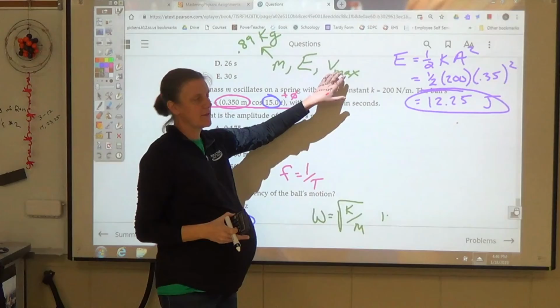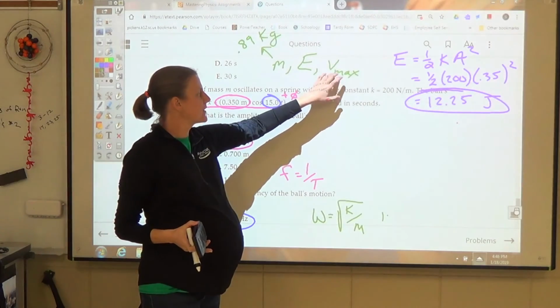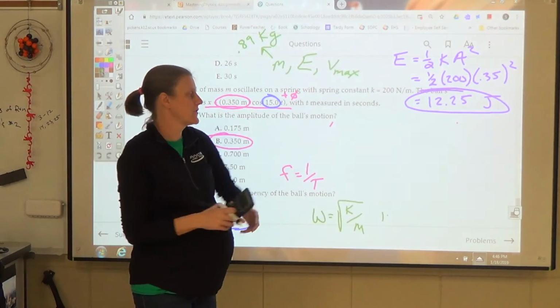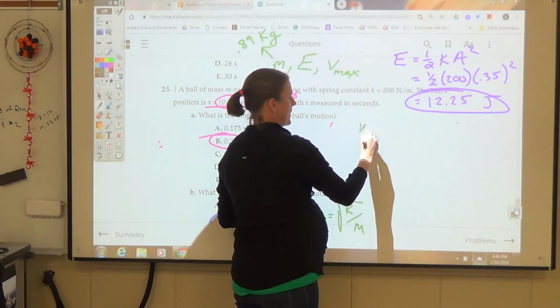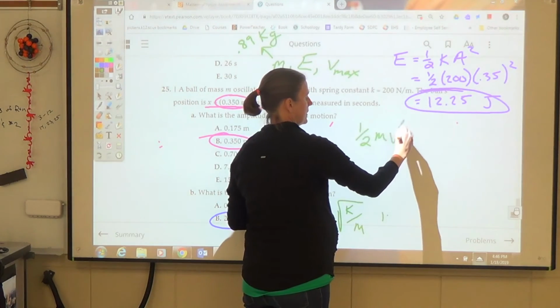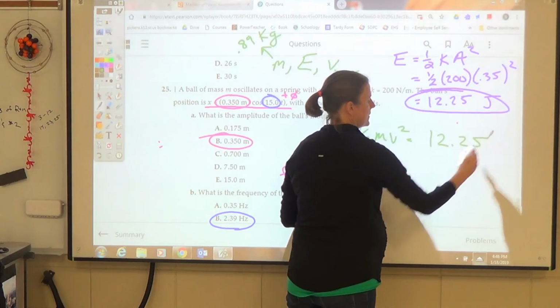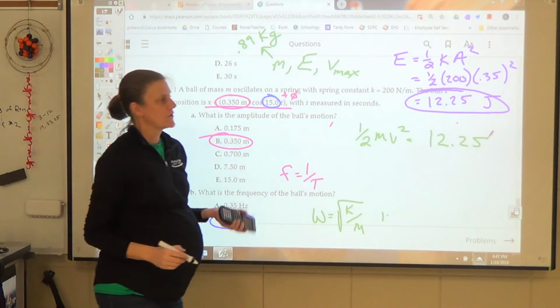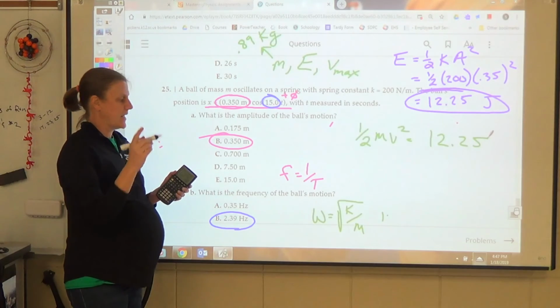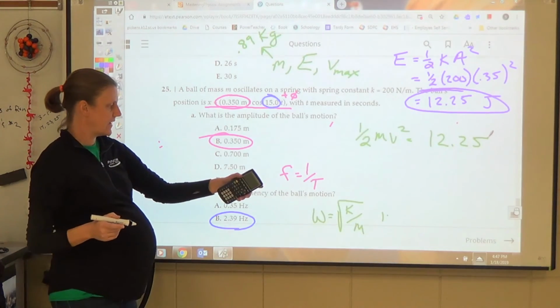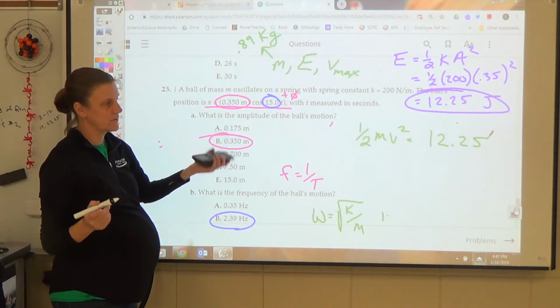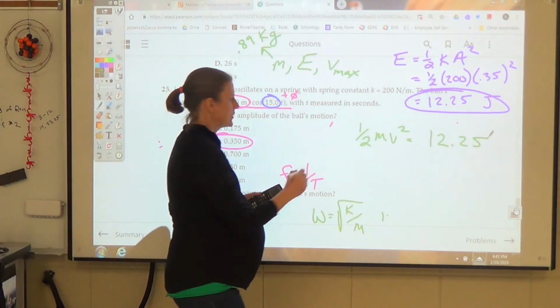And this is definitely not the only way you could get Vmax, but since we just used energy, I'm going to say that max kinetic is also 12.25 joules. You also have Vmax is omega times amplitude. We have found omega, we can multiply that by 0.35. Either way, should get the same thing.